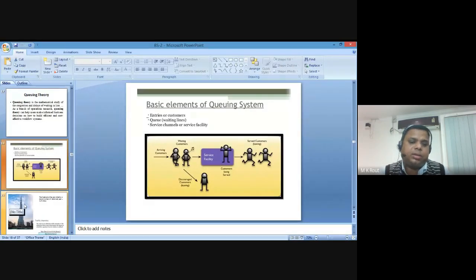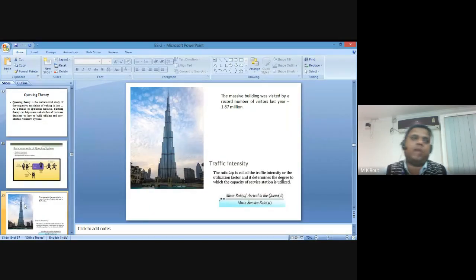So in the case of Burj Khalifa, just imagine 1.87 million people visit in a single year, and there are different residential blocks and different multi-star restaurants. Just imagine this many people visiting that particular man-made structure. They have arranged it in such a way that they calculate the traffic intensity using this formula, rho equals lambda by mu.